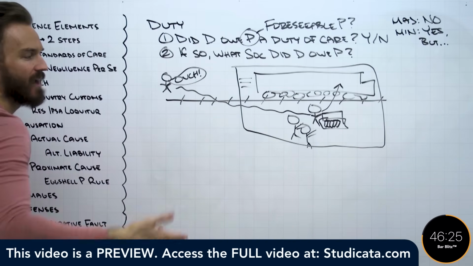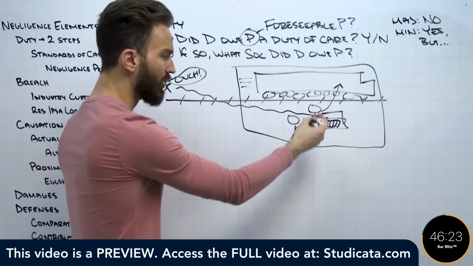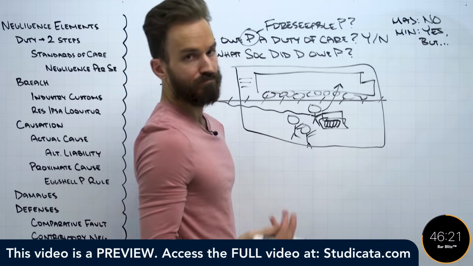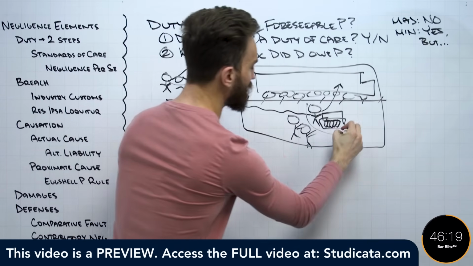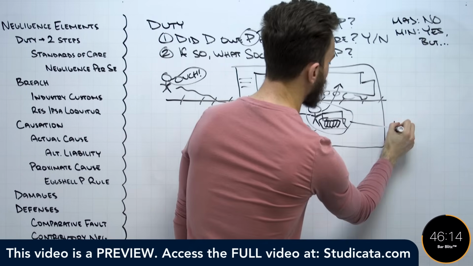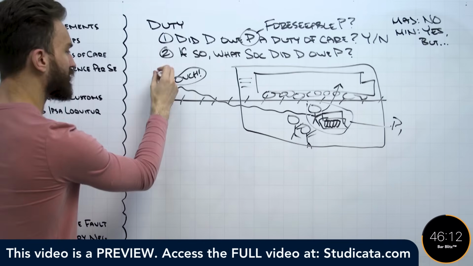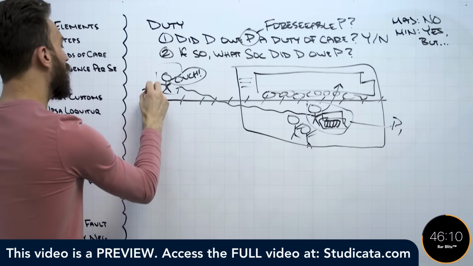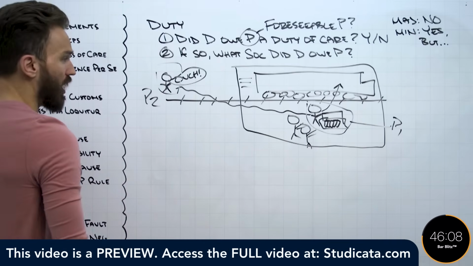And we can maybe even have multiple plaintiffs. Like here, we would typically say in a bar exam fact pattern, we'd expect this guy to be suing too, if he sustained damages. We'd have plaintiff 1, and then Palsgraf would be plaintiff 2. That's usually how it would be presented on the bar exam.